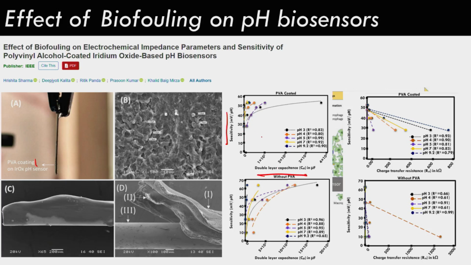If there is a deposition of biofoulants on the sensor surface, naturally your double layer capacitance will increase, and there is a link with the sensitivity. These kinds of modeling relationships we tried to make so that we can predict the sensor sensitivity day wise without having to do the finger prick reading.